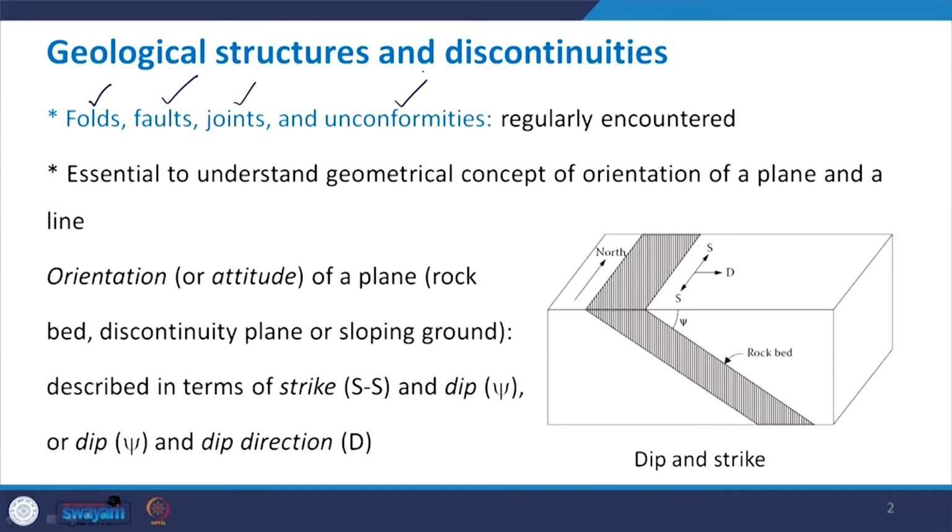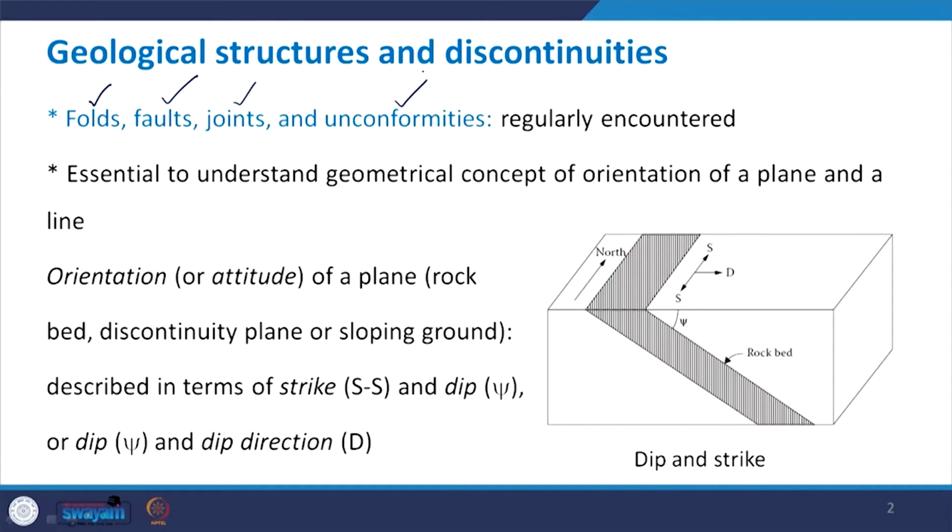It is very essential for us to understand the geometrical concept of the orientation of a plane and a line before we learn about these geological structures, because the moment we encounter any kind of geological structure or discontinuity, we need to represent them.